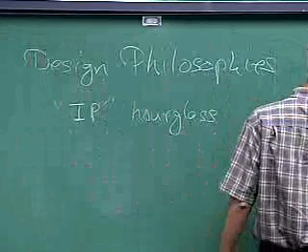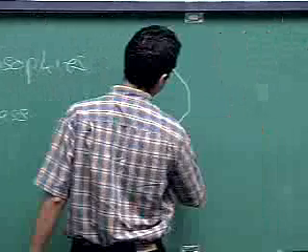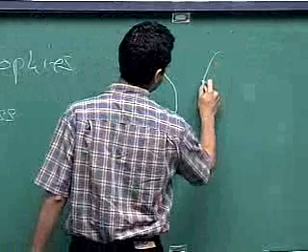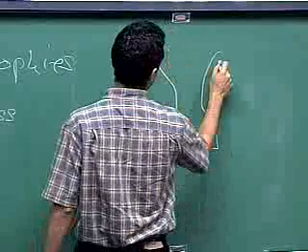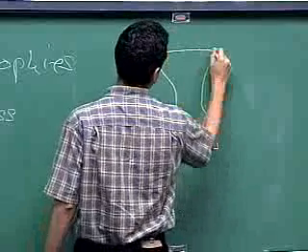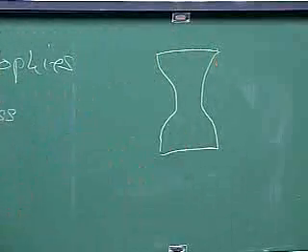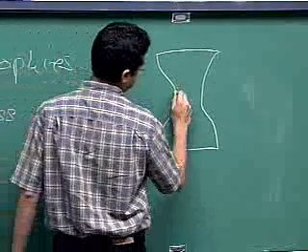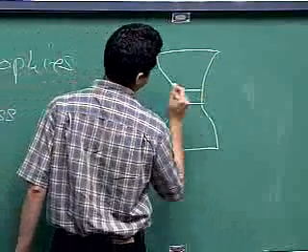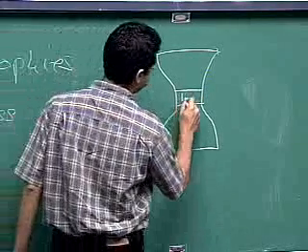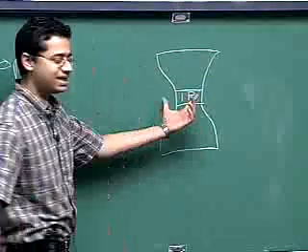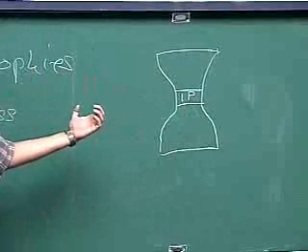Well, we know what an hourglass looks like. On the internet protocol stack, IP resides at the thin portion of this hourglass.